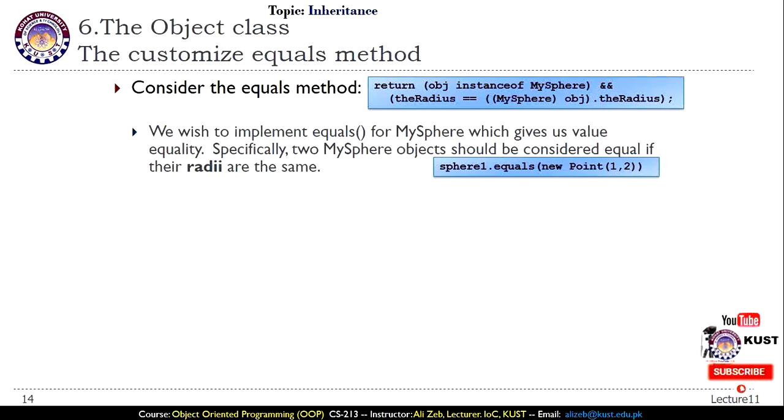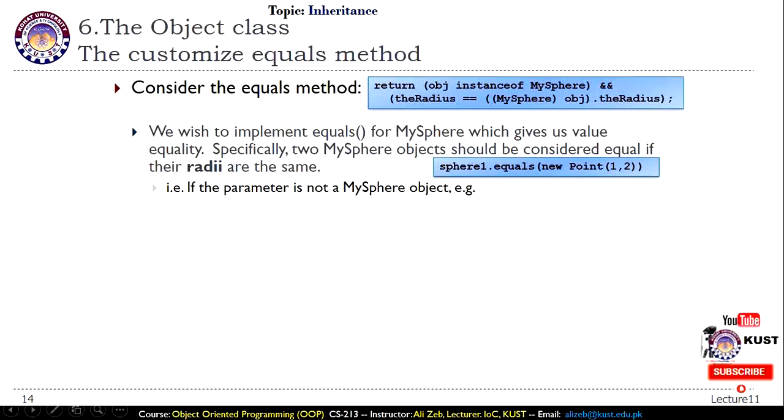So sphere 1 equals new point sphere, whatever values we pass as an argument. So we need to confirm if this parameter is an object of the mySphere class or not. This is what we are trying to check over here.